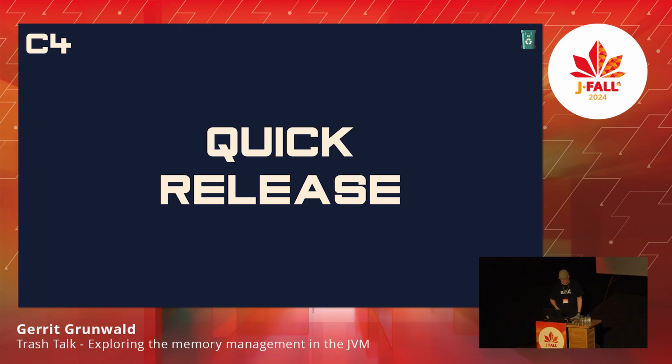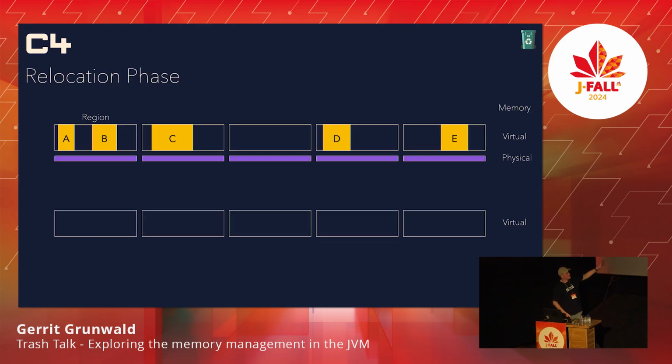And the other thing which is interesting is the so-called quick release. If I talk about memory cells, it's all virtual memory. But at some point, there's physical memory in the machine, right? And there's some kind of memory mapping going on between those. So if we have these regions with the objects in there, then we see this is the virtual memory, and then the purple one is the physical memory.